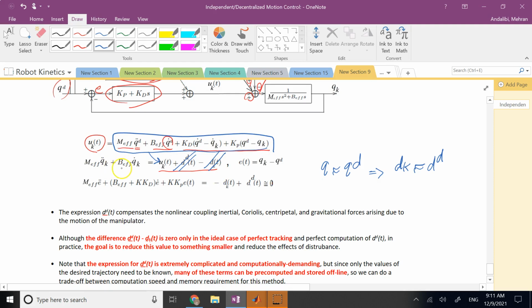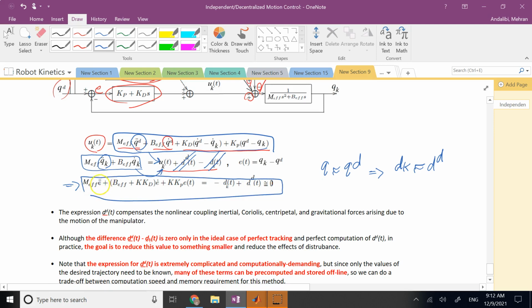And if I bring these two terms to the right hand side and subtract qd double dot from qk double dot, that gives me error double dot. And if I subtract the b effective qd dot from qk dot, that gives me b effective e dot. And I also have kp. So if I basically rearrange it, the resulting equation is going to be this.